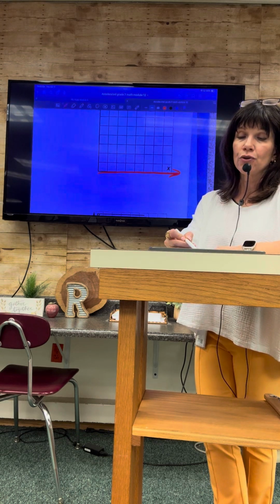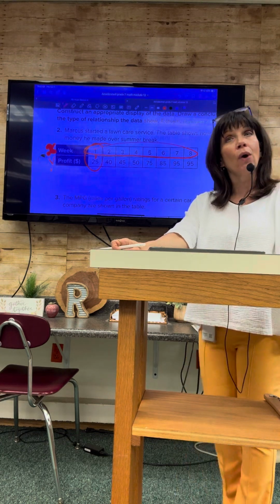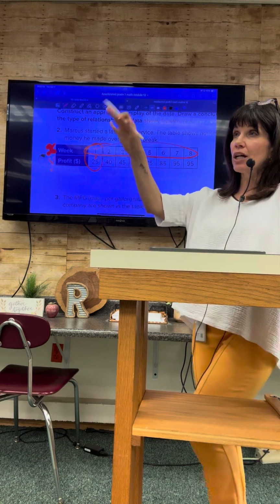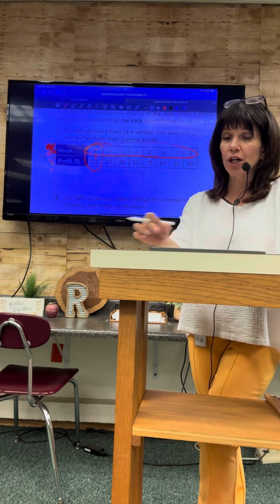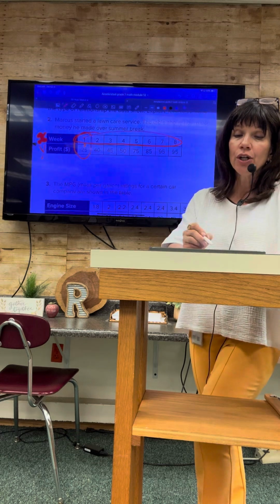Notice there are exactly 1, 2, 3, 4, 5, 6, 7, 8 spaces. And how many weeks are we talking about? 8 weeks. So we recommend you count by what? 1. Okay, you may go ahead and start counting by ones along your x-axis. While you're doing that, I'm also going to talk about your y values.